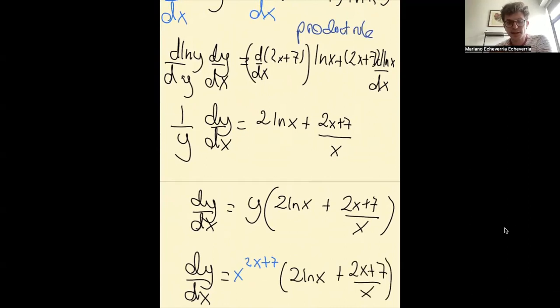And that's the answer for this problem. Is that okay? Are there any questions about this?